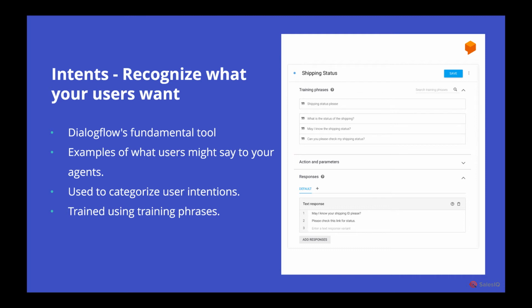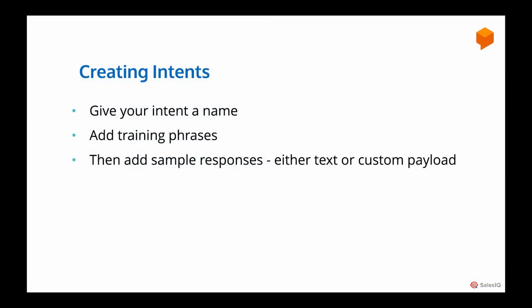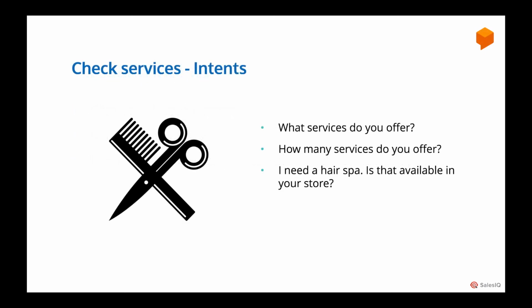And then they have events, using which you can invoke an intent based on something that has happened instead of what an end user communicates. Then there are intents that are triggered if the user's intent does not match with any other intents. These are called fallback intents. Every agent comes with a default fallback intent, and you can add follow-up fallback intents if you need them.